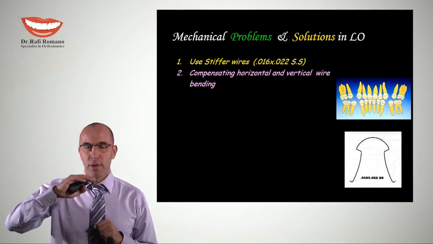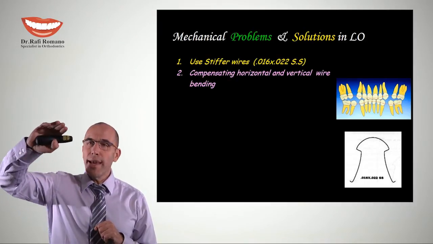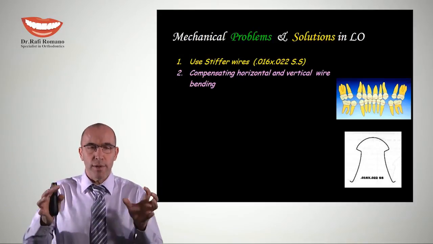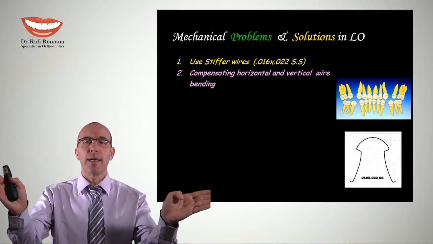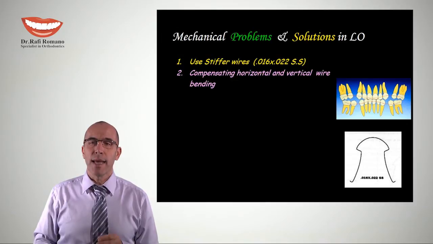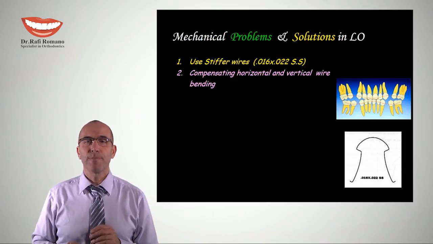If we have intrusion at the premolar and cuspid area, we create extrusion bends in the wire. If we have rotation, we can create a bend which anti-rotates this rotation. You can see an example of these bends in the illustration here in the wire.